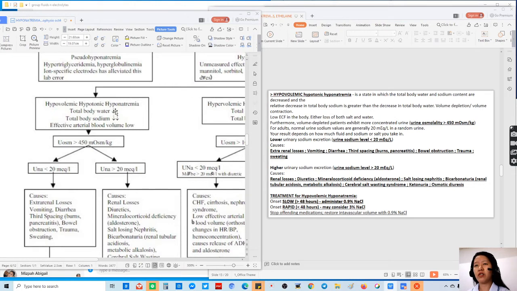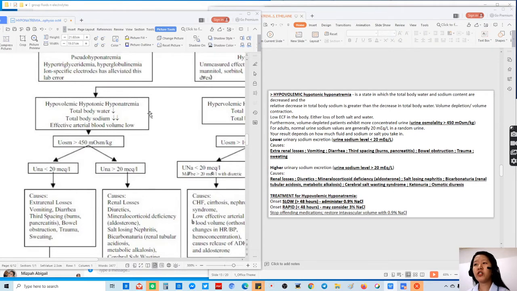So these arrows are going down. And the relative decrease in total body sodium is greater than the decrease in total body water. It is a volume depletion, volume contraction, and the low extracellular fluid in the body. So either loss of both salt and water.